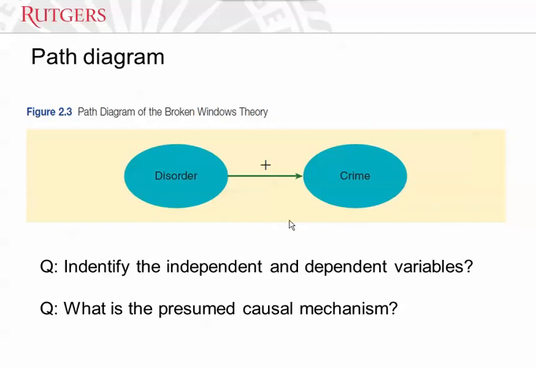Basically, people who have the intention of committing larger crimes view the disorder as a signal that they can get away with the larger crime, and therefore that's the causal mechanism of the broken windows theory.